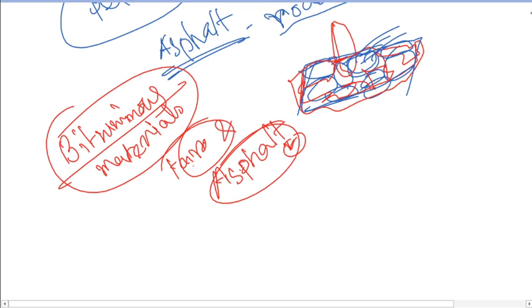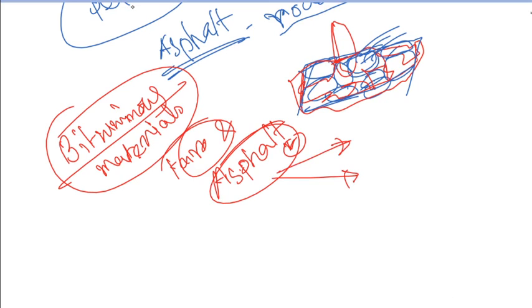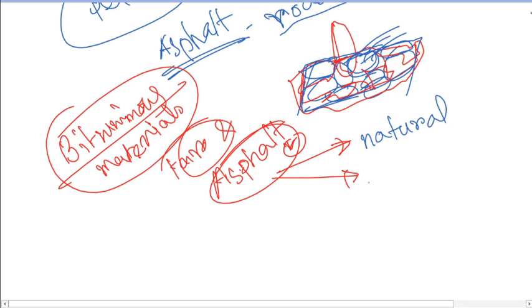And this asphalt, you will learn in detail in theory, hopefully. These asphalts can be either natural, or they can also be processed. We can also call them processed petroleum asphalt.